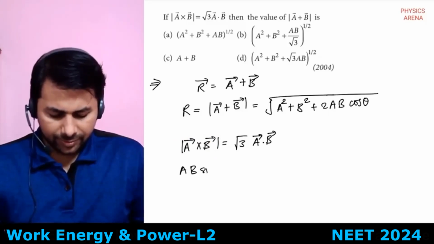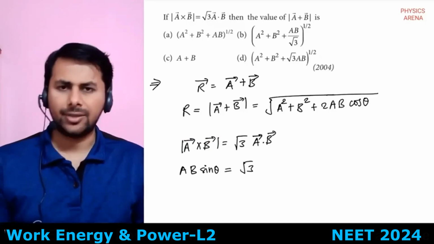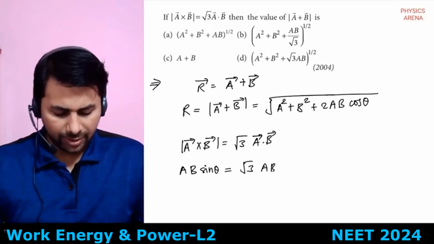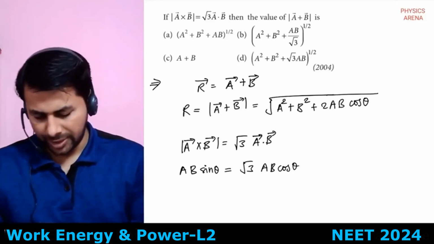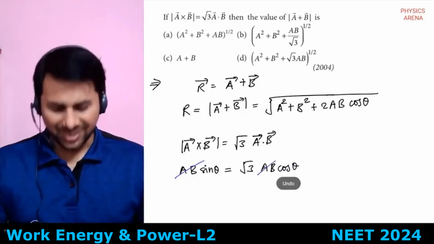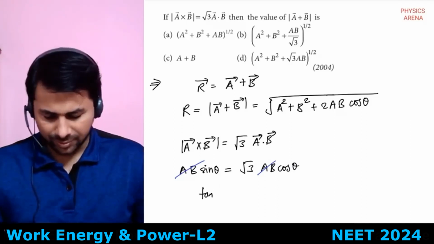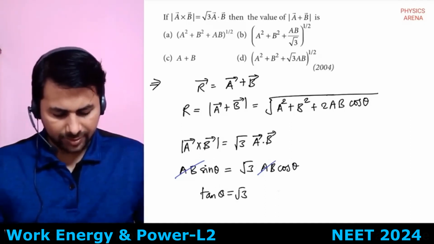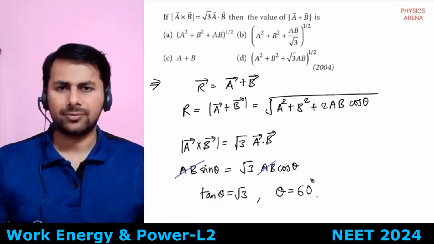It is ab sine theta. And what is a bar dot b bar? It is ab cos theta. From these two, ab gets cancelled out. So you have tan of theta equals root 3. That means theta equals 60 degrees.